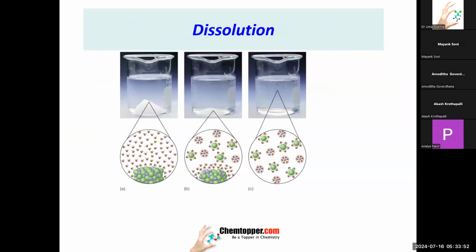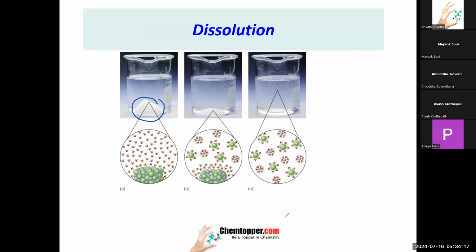Dissolution. Now you can see in dissolution, there is solid here and finally the solid is dissolved. So Ananya and Mayank, are you saying dissolution is a chemical change? Is it a chemical change, children?